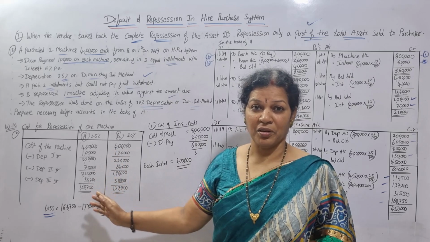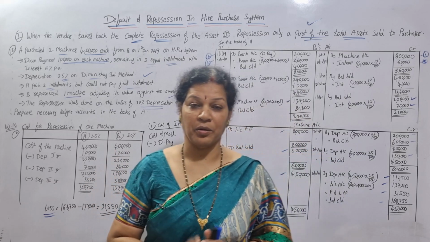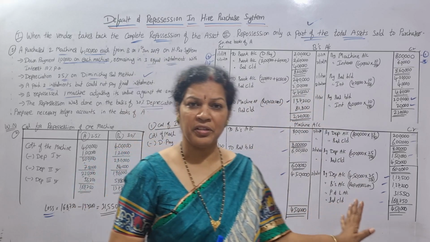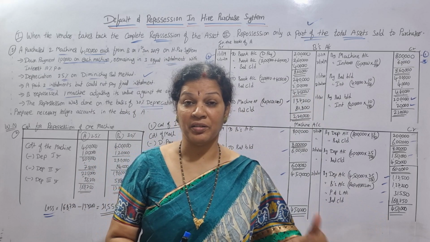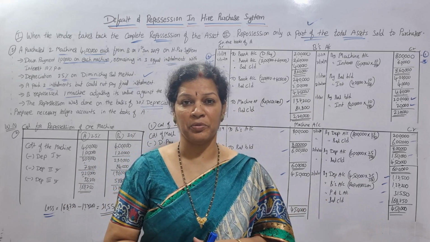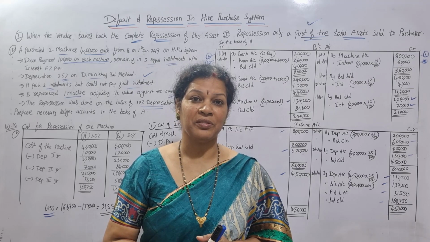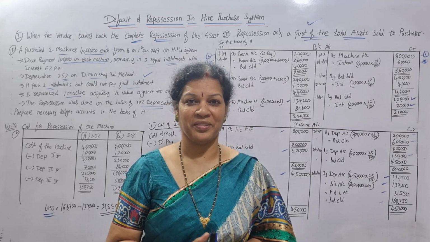The difference is loss. So you got the loss, and that we are going to write in the asset account. Remember it. The rest of the problem is the same thing. Very easy. Practice it, and also take out some more problems from your material. If you practice more problems, you get more confidence also.